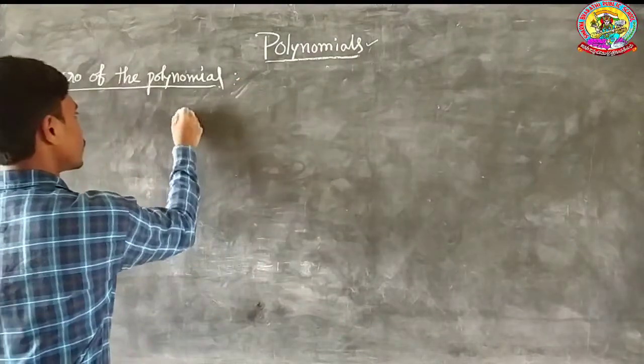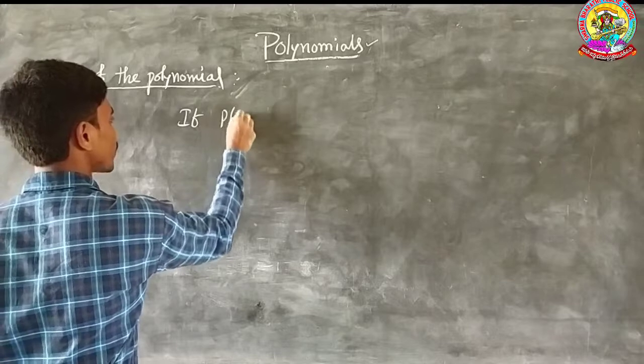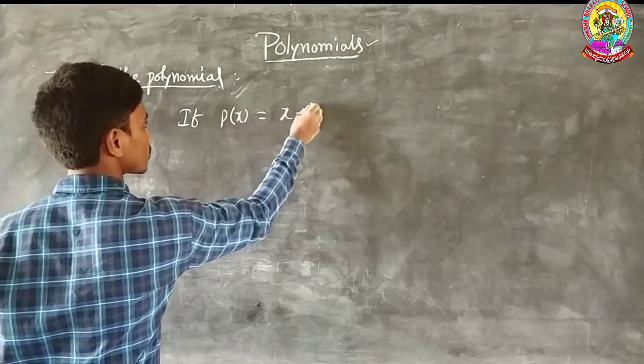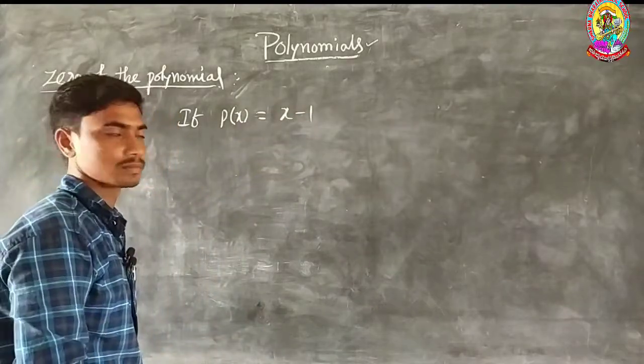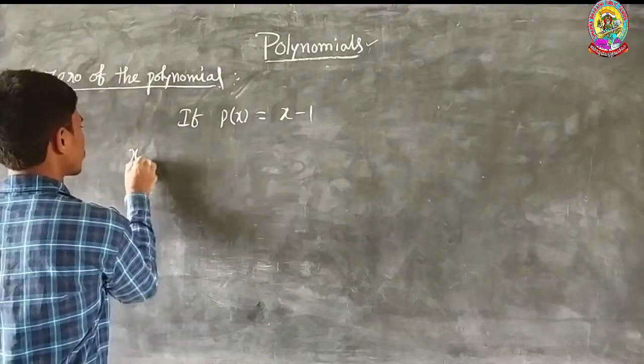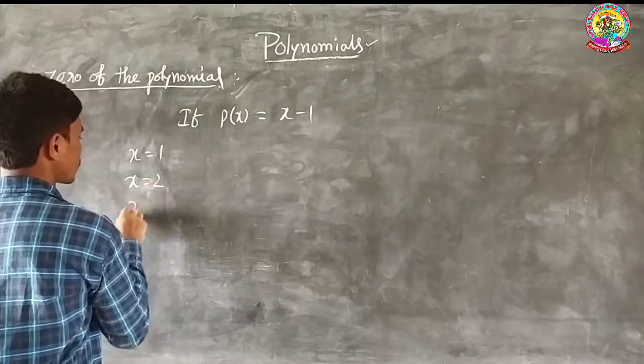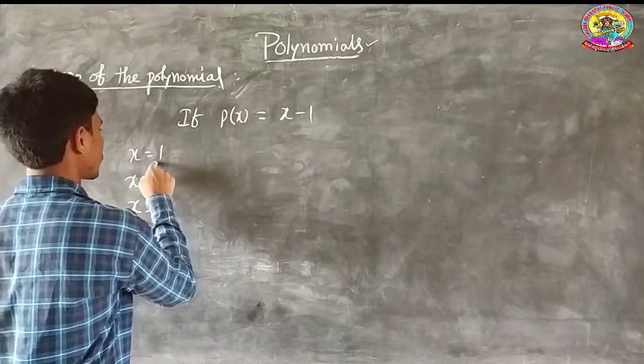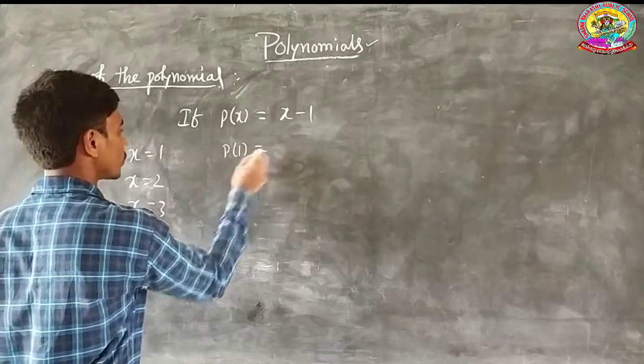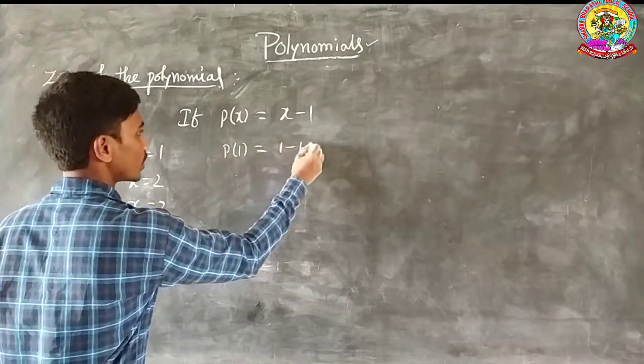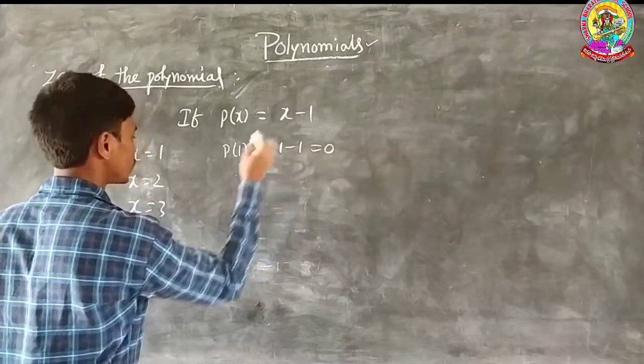Now, the zero of the polynomial. If p of x is x minus 1, introduce x is equal to 1, x is equal to 2, x is equal to 3 in this. If x is equal to 1, p of 1 is equal to 1 minus 1, which is 0. The value of the polynomial is 0.